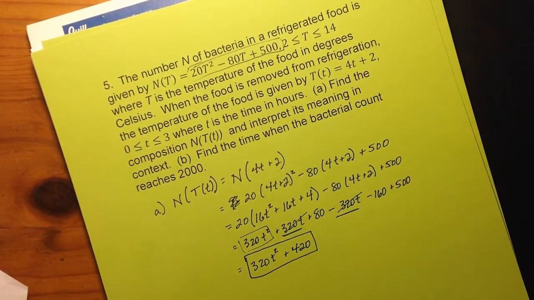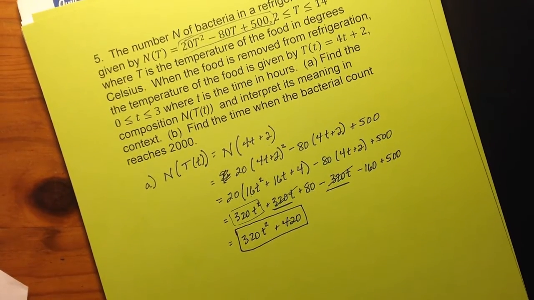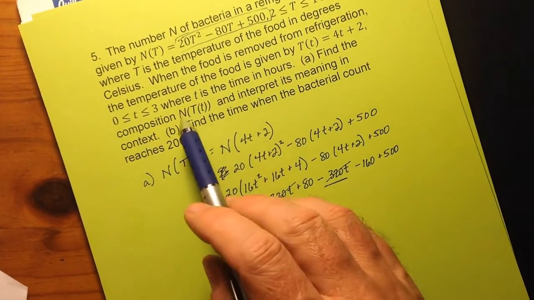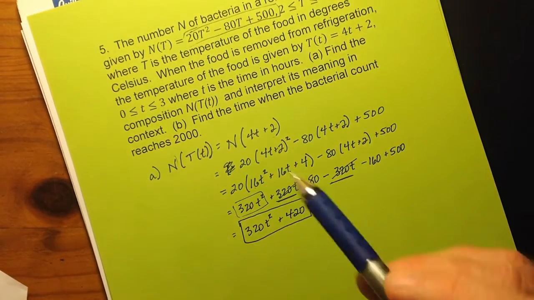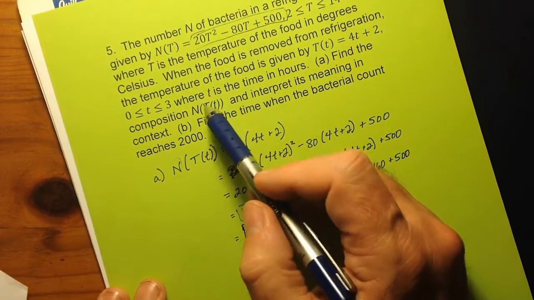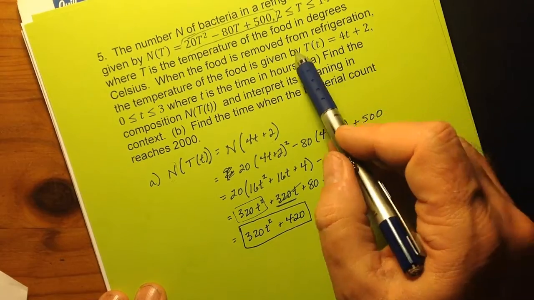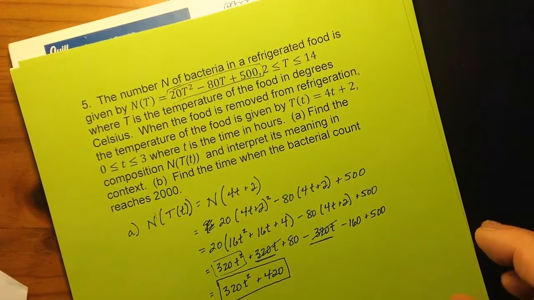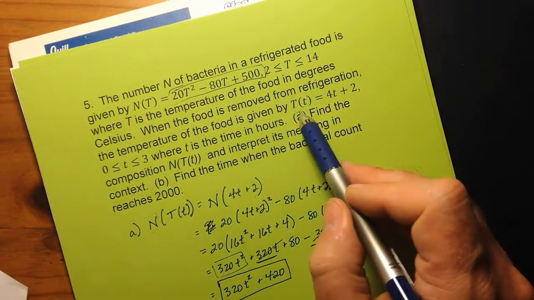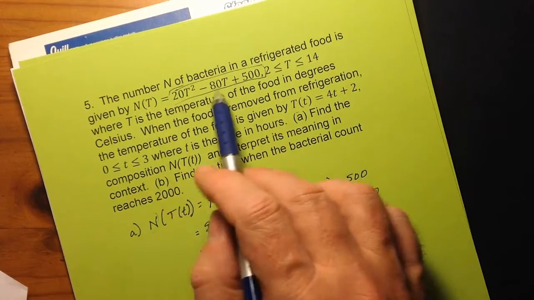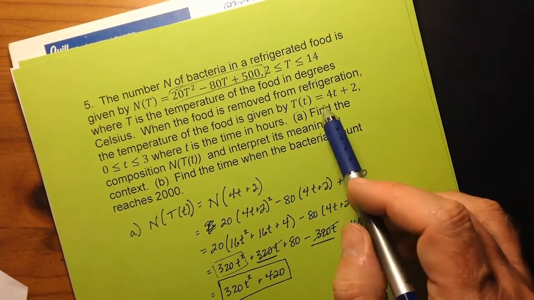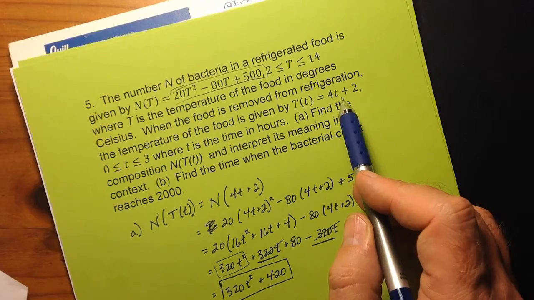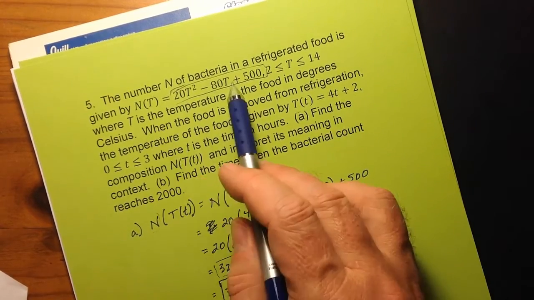It says interpret its meaning in context. Notice little t stands for the time in hours, but what I'm finding is the number of bacteria. The T function up above is giving me temperature. The n function is giving me number of bacteria. The temperature was based on time and the number of bacteria was based on temperature.